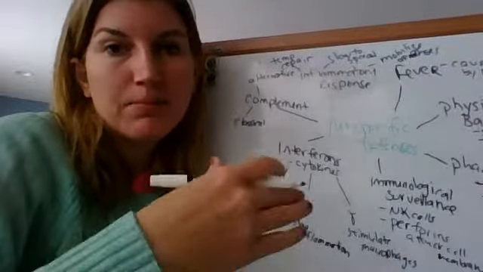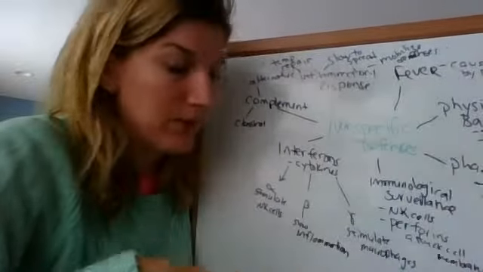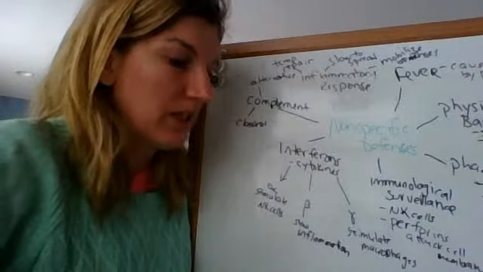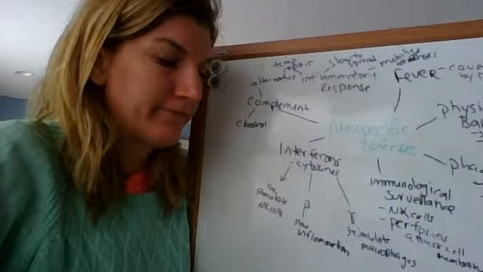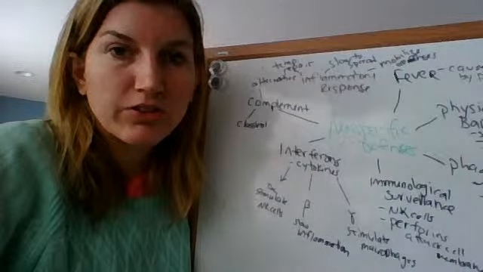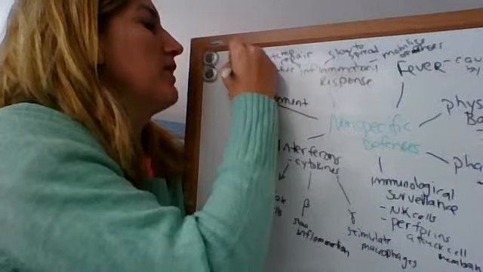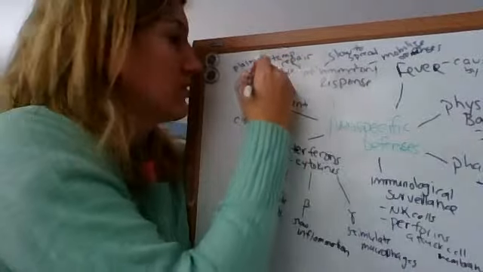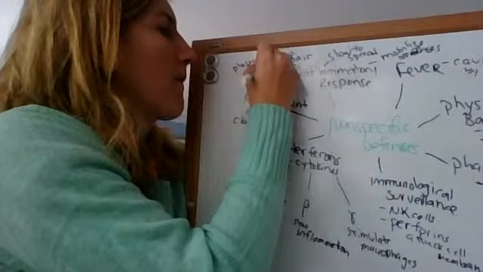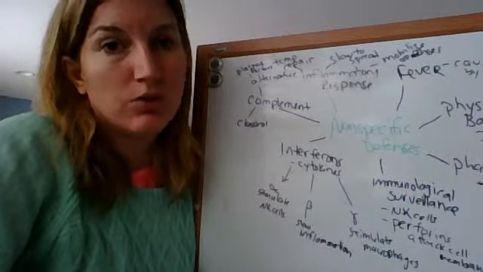It's a this happens and this happens and this happens, and you don't have to know all of those little bits and pieces. But ultimately, it's a bunch of plasma factors and cell-to-cell messengers. So in the alternative pathway, you have plasma factors. These are just little things that are floating around in your blood.